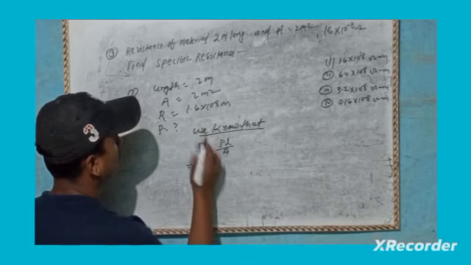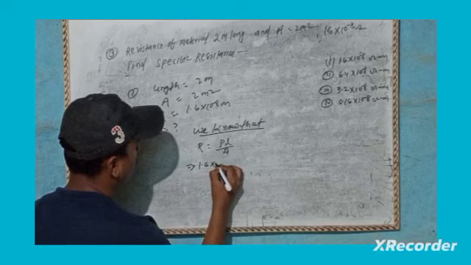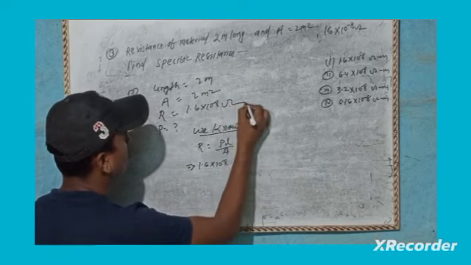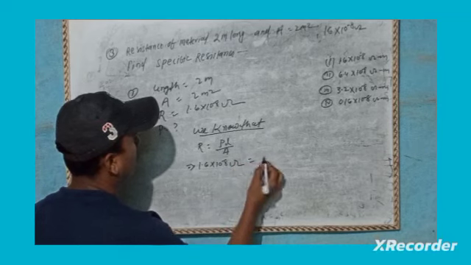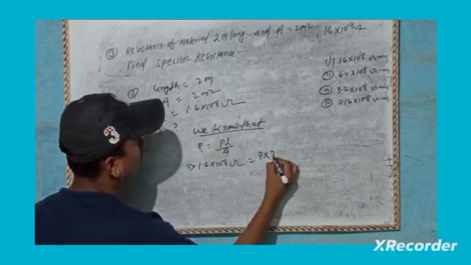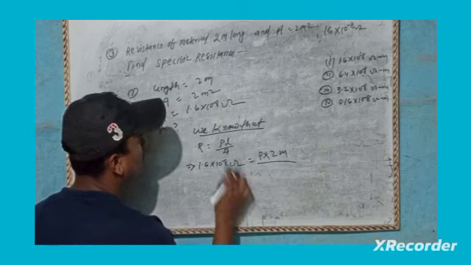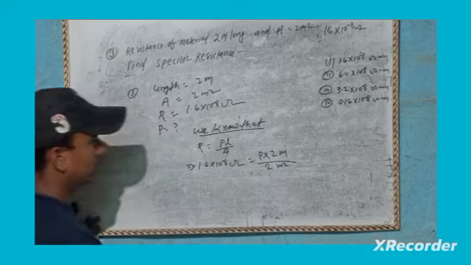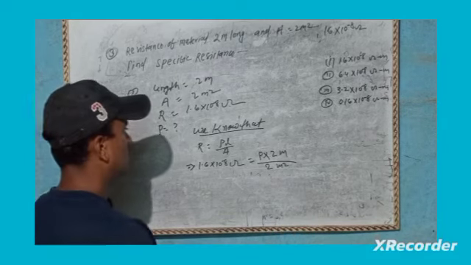What is given? R is 1.6 times 10 to power minus 8 ohm, and the resistivity is not given. L is given as 2 meter, cross sectional area is 2 meter square. Yes or no?